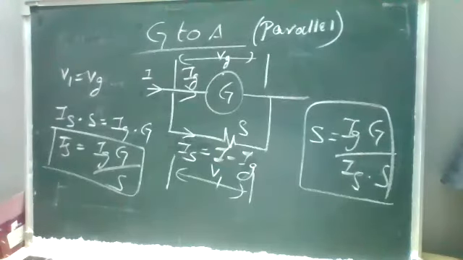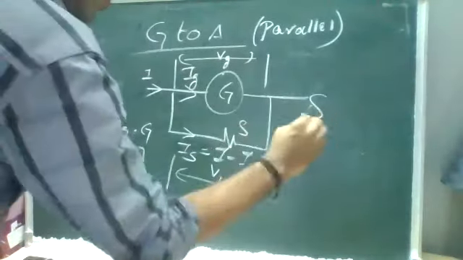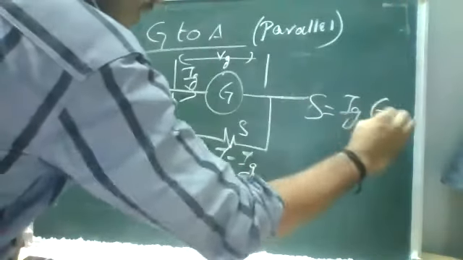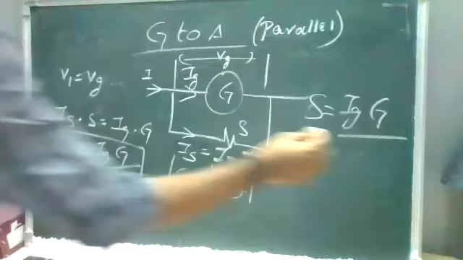Next heading, galvanometer to voltmeter conversion. Sir, what is the equation on the right? I can't see the equation. S equal to, I'll write it here. S is equal to Ig G by Is.